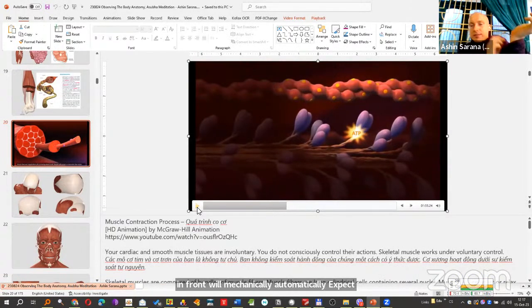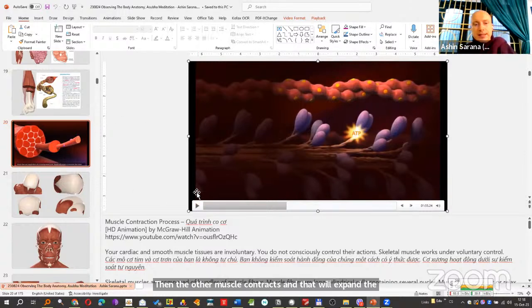because it is pulled by the muscle on the other side. So we usually have a muscle and counter muscle. One muscle contracts, and that expands the other muscle. Then the other muscle contracts, and that will expand the first muscle.